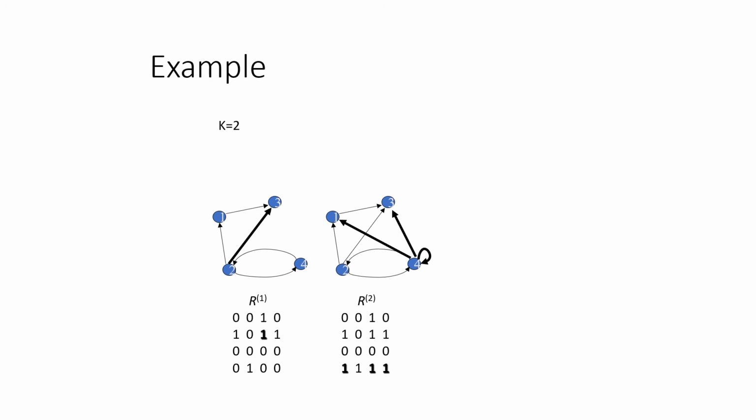right? Now from 4 I could also reach 4 again by keeping 2 as an intermediate vertex. How? From 4 I could reach 2 again, and from 2 I could reach the vertex 4. So those values are getting updated here. From 4 now I could reach vertex 1 keeping 2 as an intermediate. Similarly from 4 I could reach 3 by keeping 2 as an intermediate vertex.